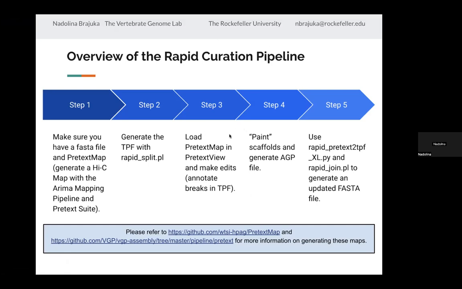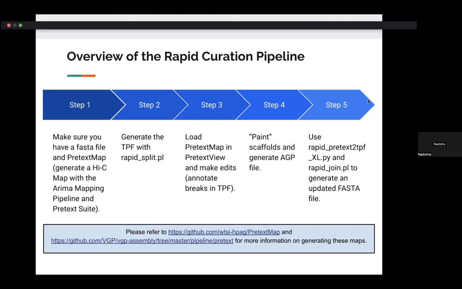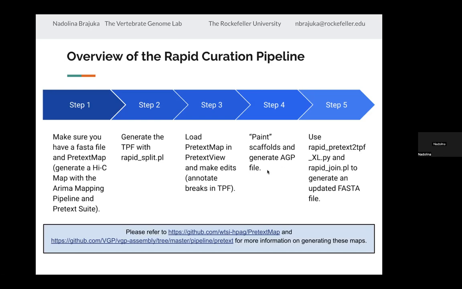So once you have that TPF, your pretext map, and your FASTA file, you're going to load your pretext map in pretext view, make edits there, and annotate any breaks you make in the TPF. Then you're going to paint your scaffolds, which I will show you, generate an AGP, and use a couple of other scripts to generate the FASTA file at the very end.